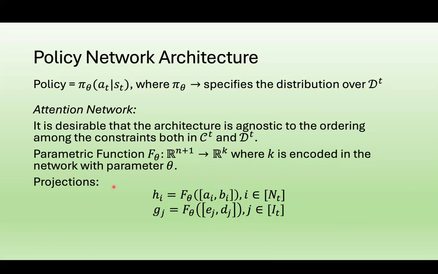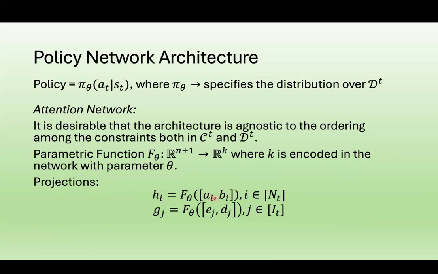Now, in the attention network, we have something called projections. So we have two projections over here, H and G. The projections H denote the projections corresponding to the constraints, while projections G are the projections corresponding to the cuts. So for HI, we basically feed the constraint AI, comma BI.